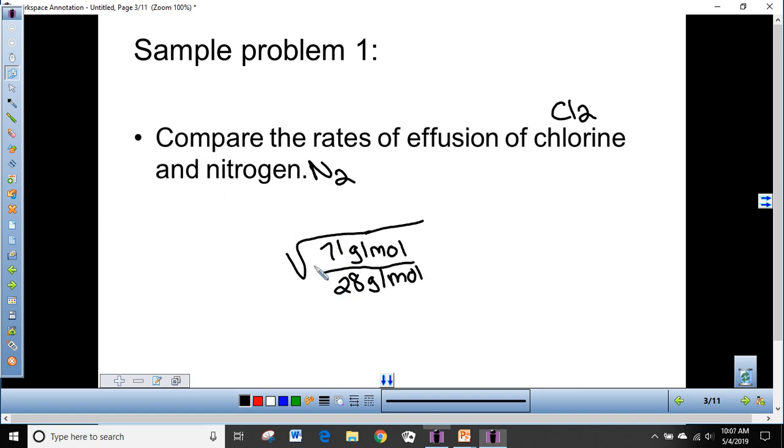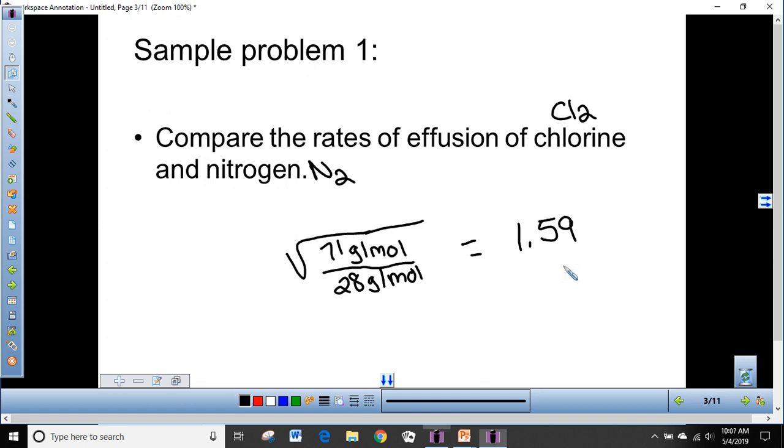So we simply take the square root of those two, and we'll go 3 sig digs for this: 1.59. Now, it says compare. If you were comparing something, that usually requires some sort of sentence for you to understand what that number means. It doesn't just mean give me a number, let's make a sentence out of it. As long as you put the heavier over the lighter, this is always going to tell you how many times faster the lighter gas is going than the heavier.